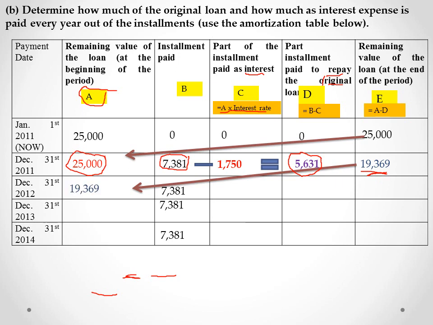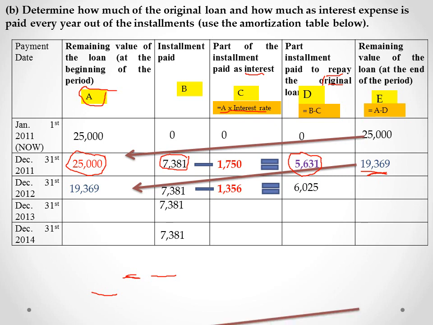So in order to calculate column D, you have to subtract column C from column B. So we are going to subtract the 1,750 from the 7,381. You will get 5,631. This is the amount remaining from the installments that will be used to repay part of the loan.